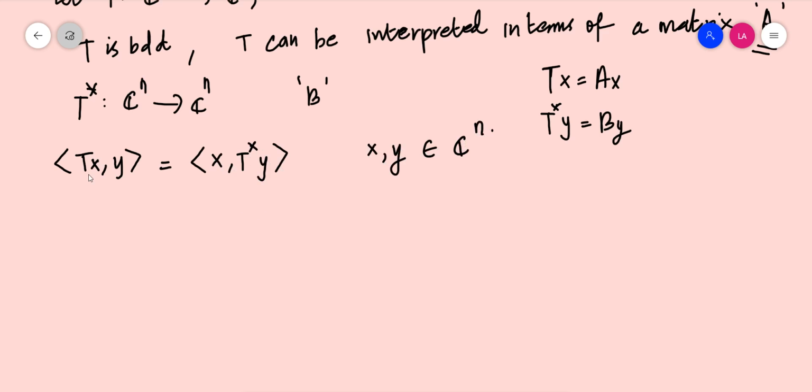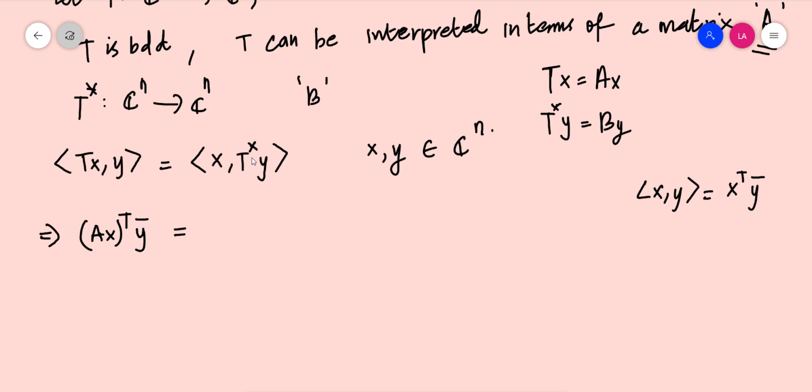Now, by definition, Tx is Ax and the inner product xy can be written as x transpose y conjugate. So inner product Tx, y can be written as Ax, the whole transpose, y conjugate.